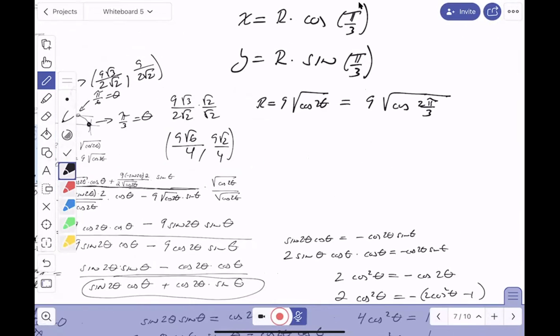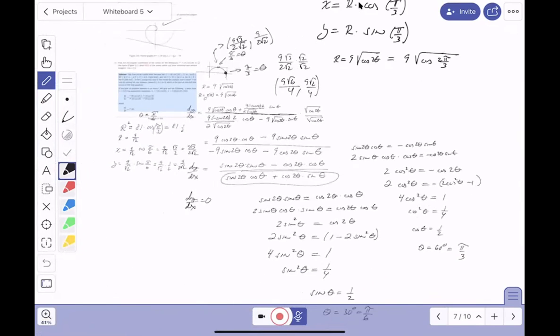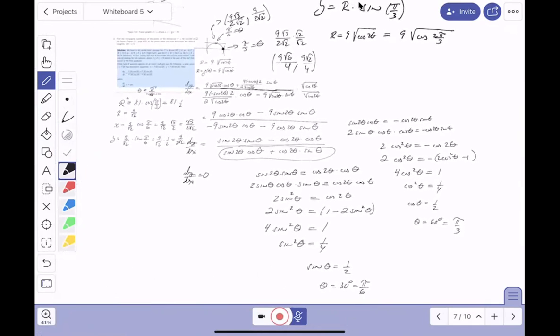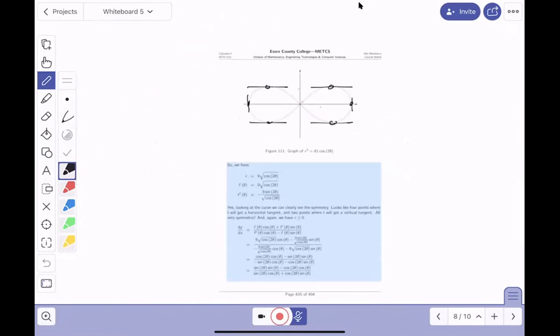I think I might have made a mistake somewhere, and I've got to figure out where. There's so much work, you kind of forget where you made mistakes. So let's see if I got the bottom right. I'm going to look at my derivative, see if I did that okay.